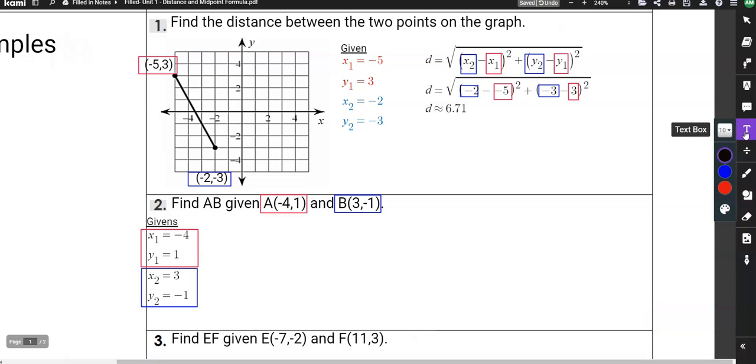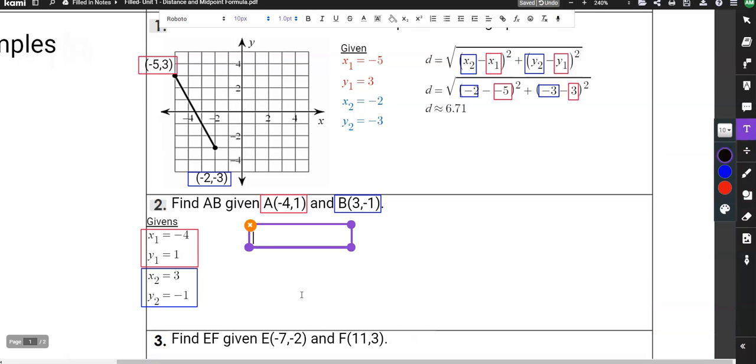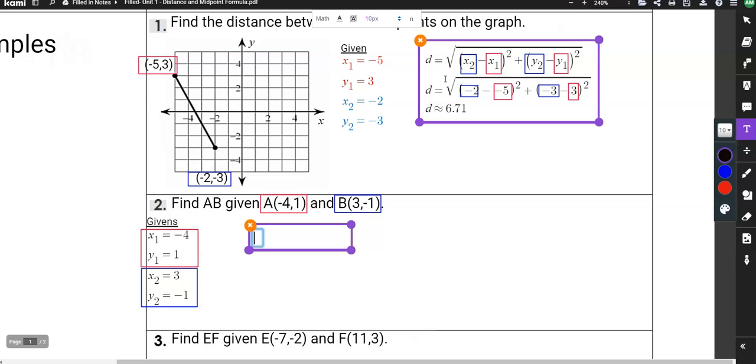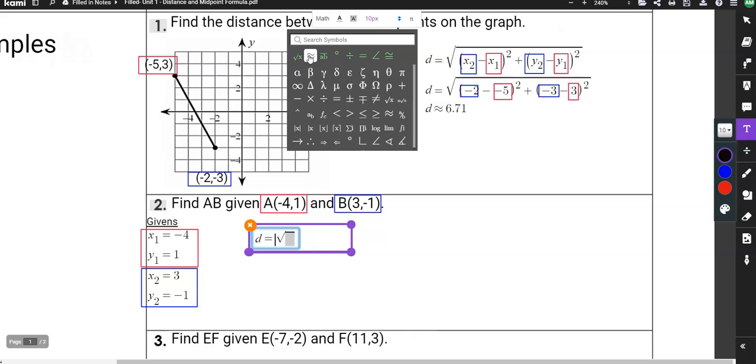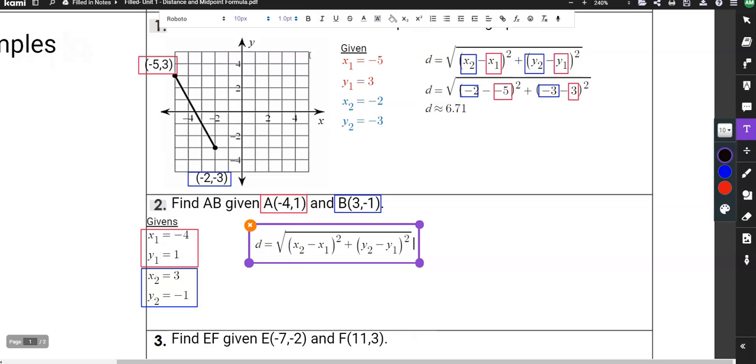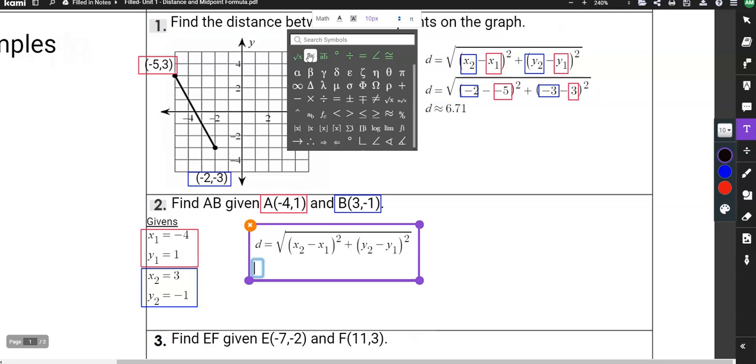And then I need to go ahead and do my formula. So like we did previously, distance is equal to the square root of x2 minus x1 squared plus y2 minus y1, and we're going to square that as well. All right. So now we've done our formula. Now we need to do our substitution.